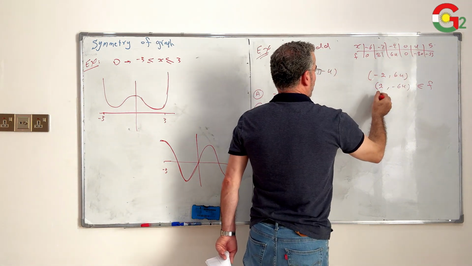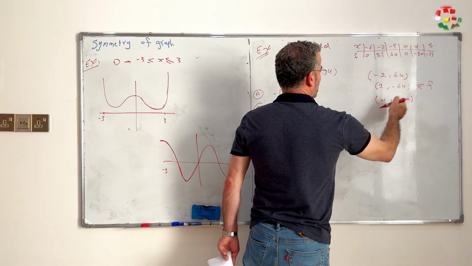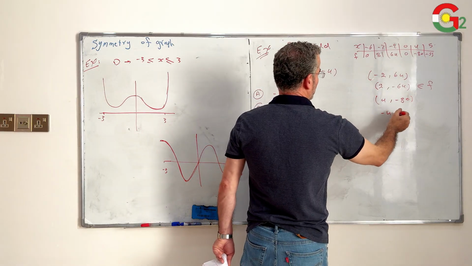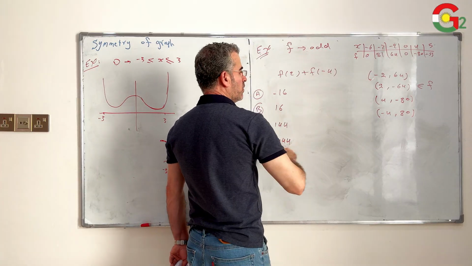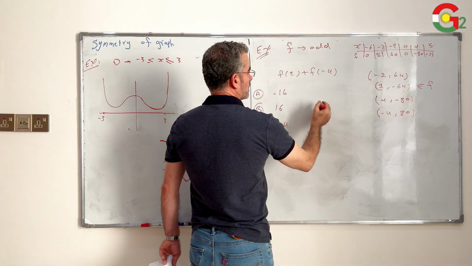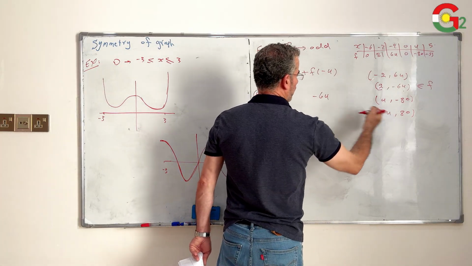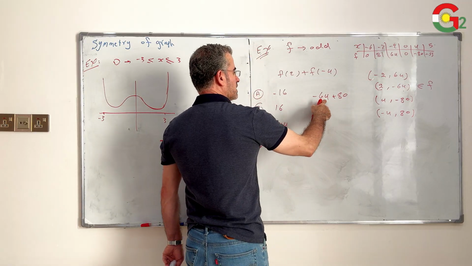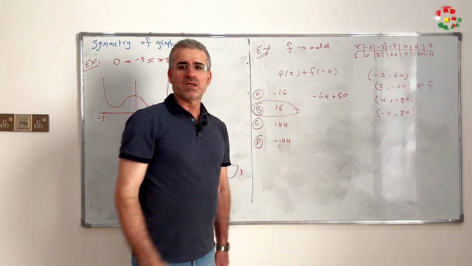Since f of 4 is -80 and it's on the graph, then f of -4 is 80 since the function is odd. Now I have f of 2 is minus 64, and f of -4 is 80. Negative 64 plus 80 is 16. The right choice is B.